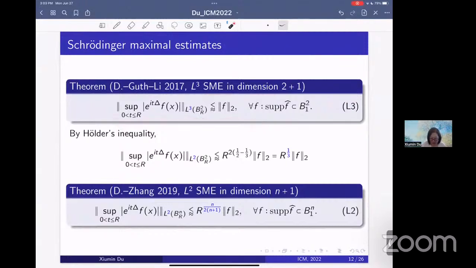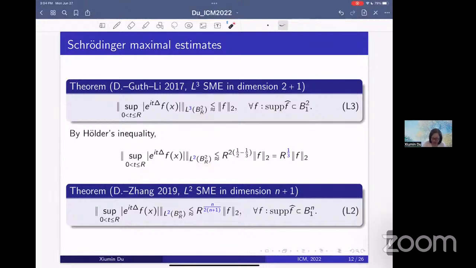And if we want to bound the L2 norm, we just go from L2 to L3 using Hölder and get this power of R times the L2 norm of f. Here, the exponent of R is 1/3. So this estimate implies the pointwise convergence for s greater than 1/3 when n equals 2.